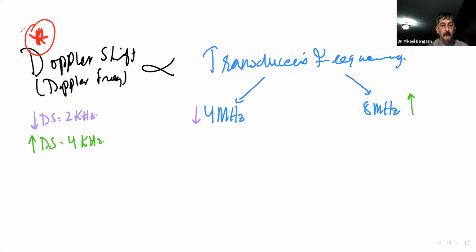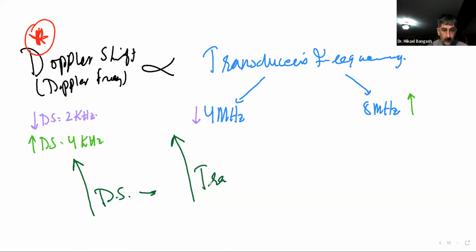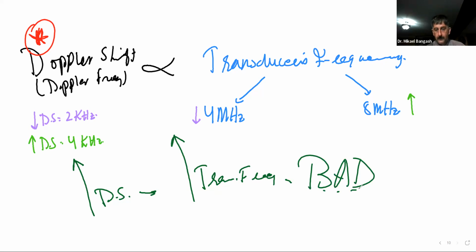It's very important, because it's going to become handy at some point, where we may see that too high of a Doppler shift is due to too high of a transducer frequency. Good was good, but too much good is bad.